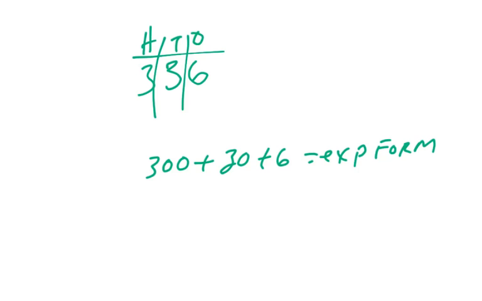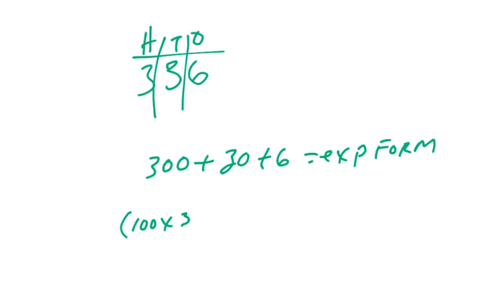Now, if we're talking about expanded notation, we're talking about the value of each place and the digit that you have in that place, multiplied. So the value of this place is 100. What's the digit in my hundreds place? 3.